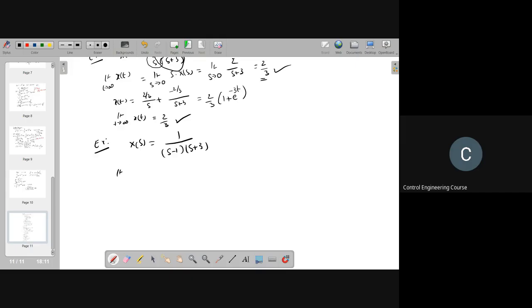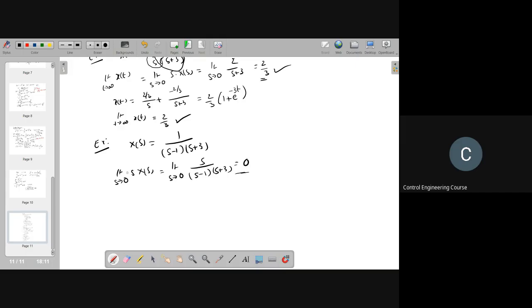So limit as s tends to 0 of s X of s is equal to limit as s tends to 0 of s by s minus 1 into s plus 3, which is equal to 0.